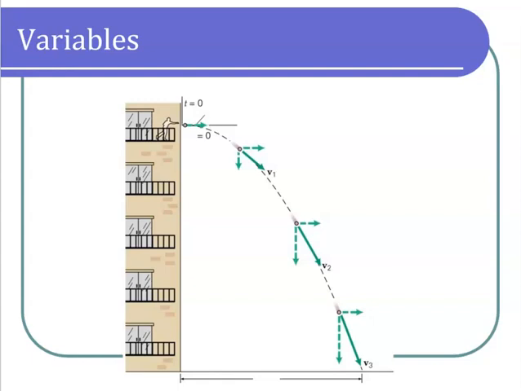So for the horizontal velocity, instead of calling it initial velocity or average velocity, we're going to call it V sub h for horizontal velocity. And remember, whatever it is, it's going to be constant.